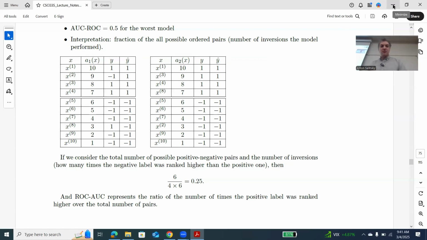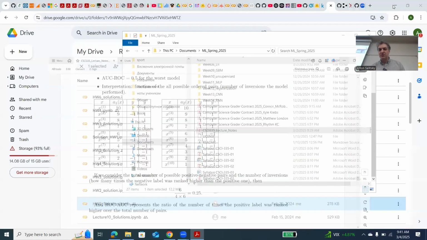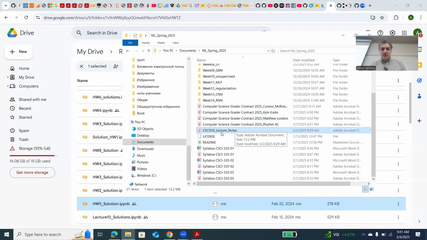Okay, now the topic of our class today is decision trees.